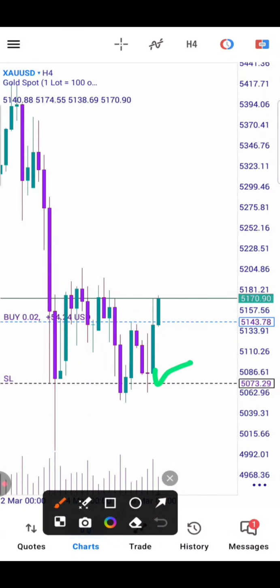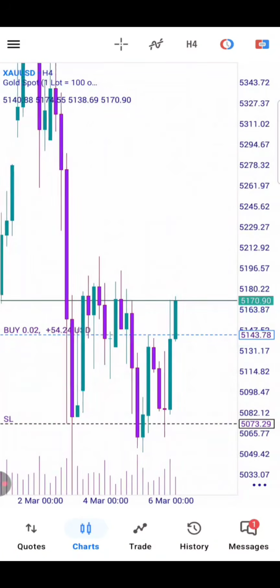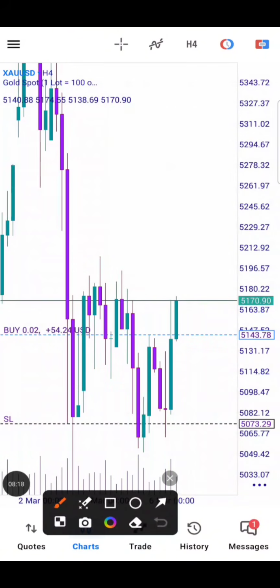Yes, the higher low formed. So now what assurance do you need to make an entry, to say that the higher high is formed? Observe this and see that on the 4-hour time frame there is a breakout, a bullish engulfing candle that superseded the previous high, right? This bullish momentum closed above the previous high.